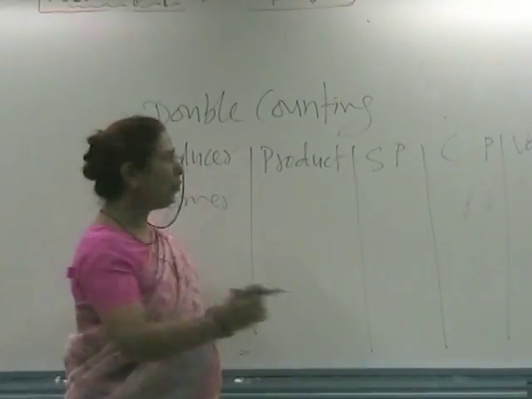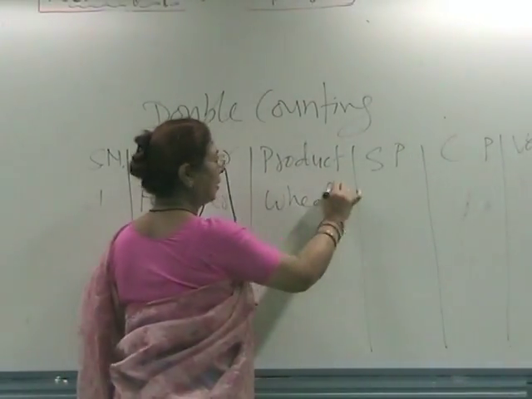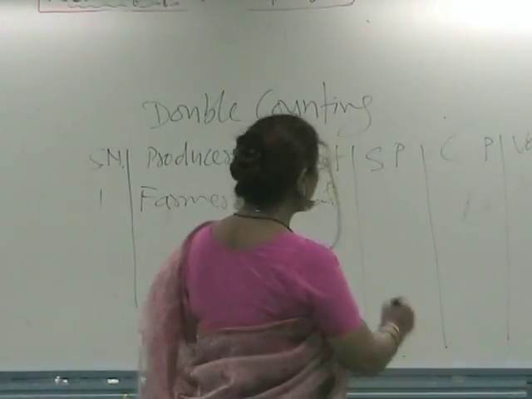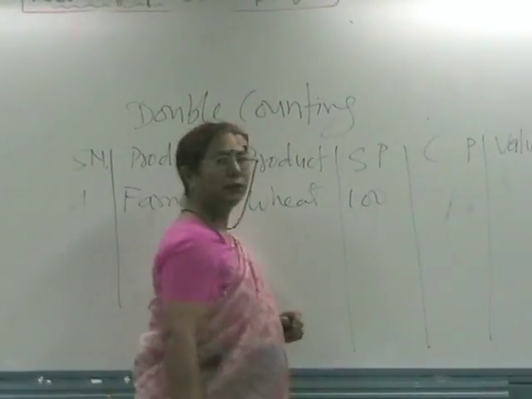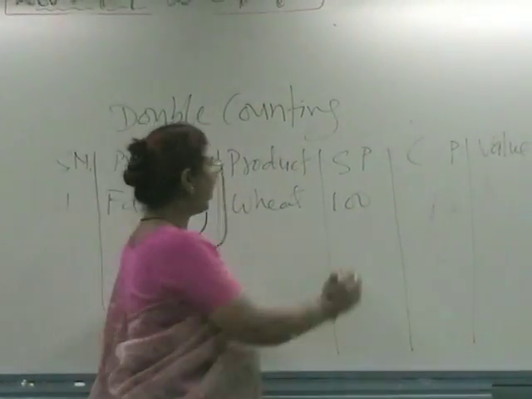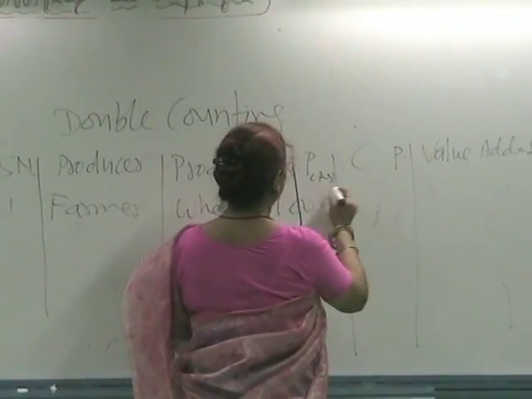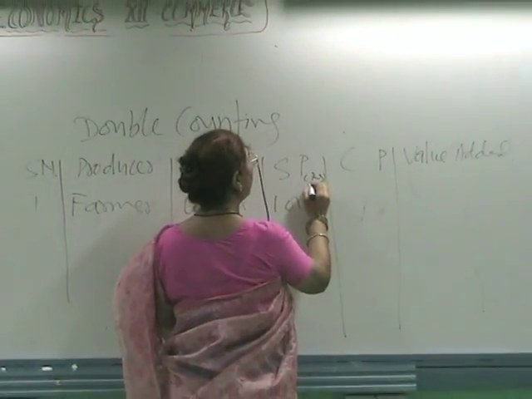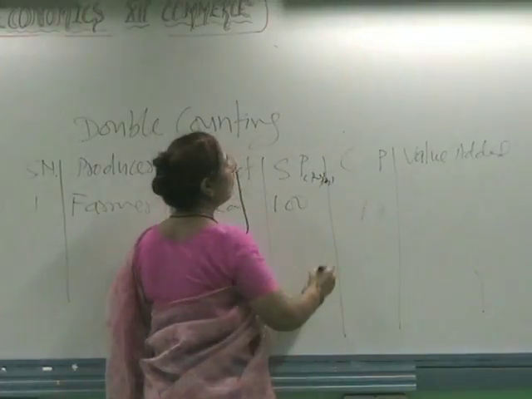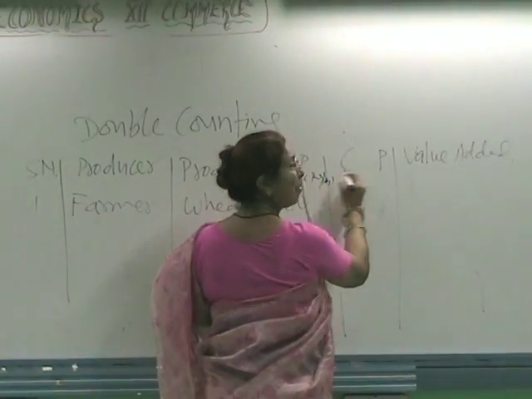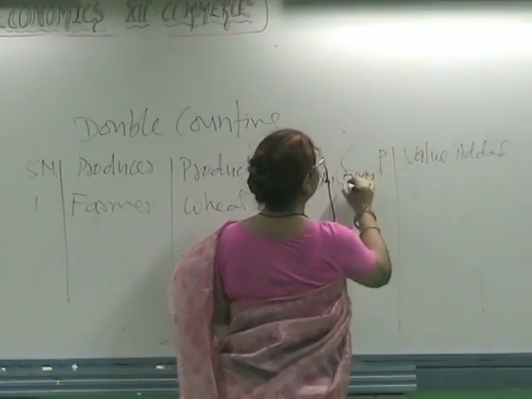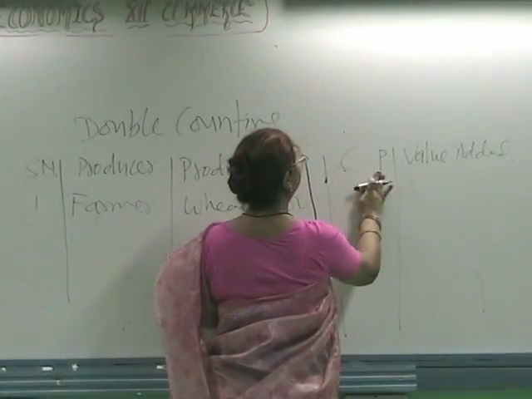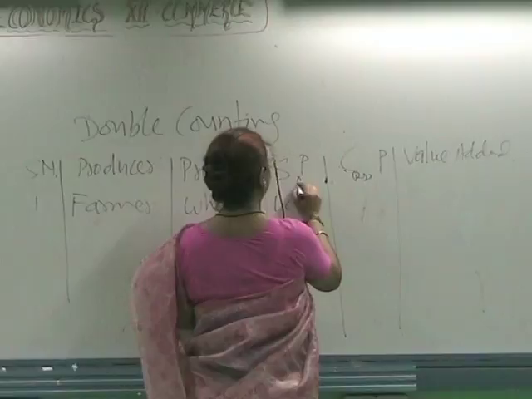Now, say farmer. Farmer has produced, say, wheat. Suppose he sells this wheat at the rate of 100. So selling price is in rupees, say rupees per 10 kg. Cost price also, so rupees. Or we'll do one thing, because some products are there, we'll just write rupees.